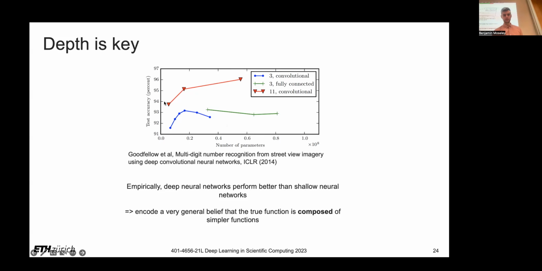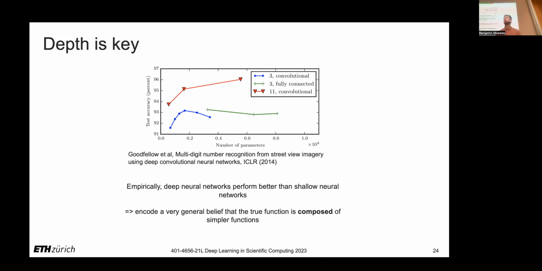When the authors created this plot, they tried to make it fair in that they tried to keep the number of parameters in the neural network the same for the 3-layered CNN and the 11-layered CNN. So it's not about increasing the number of parameters to improve the accuracy. It's about adding layers, making your CNN deeper. And perhaps it's because of this hierarchical representation that they learn that their performance improves.